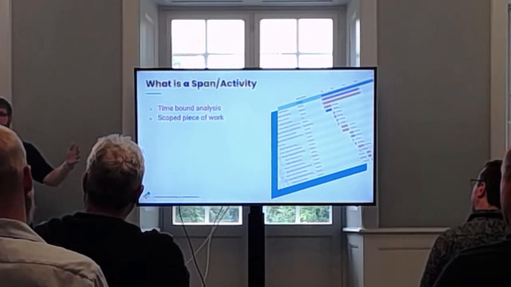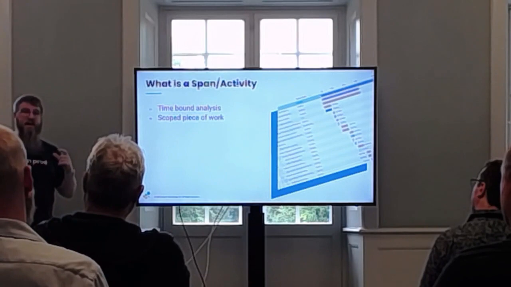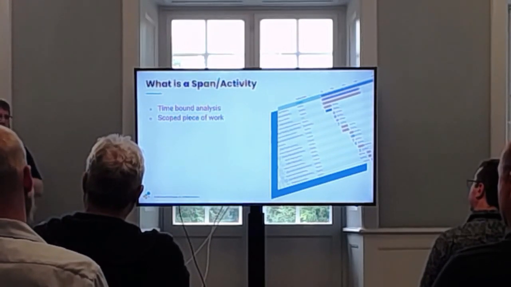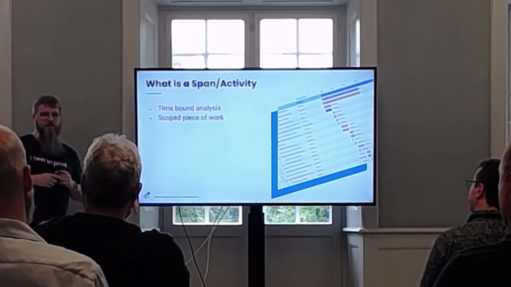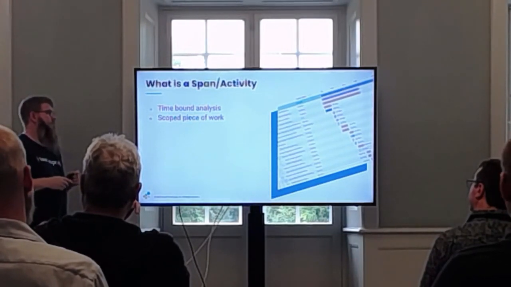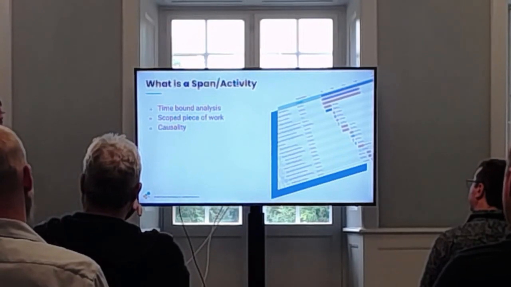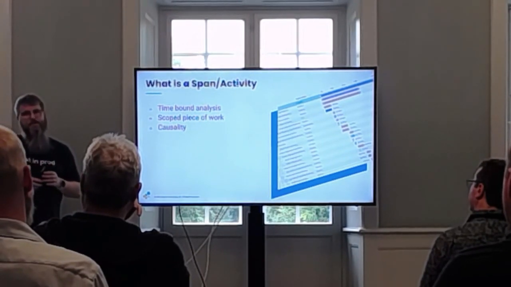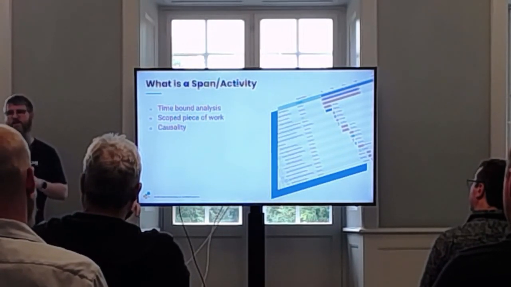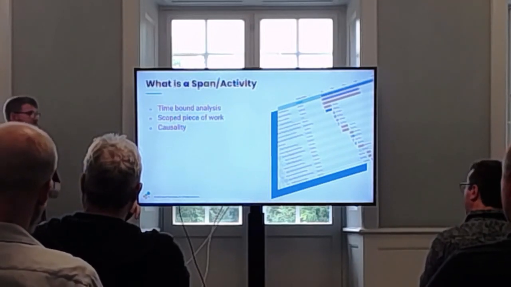Well, a span is within that piece of work a single scope of action that's happening. It might be, I've called a database. I've called a third party. But most importantly, they have causality. That causality idea I talked about. That's what they have.